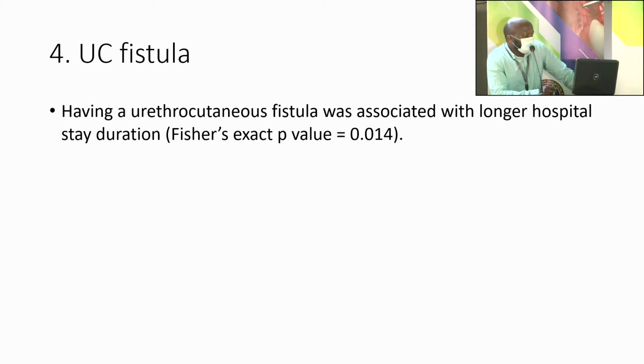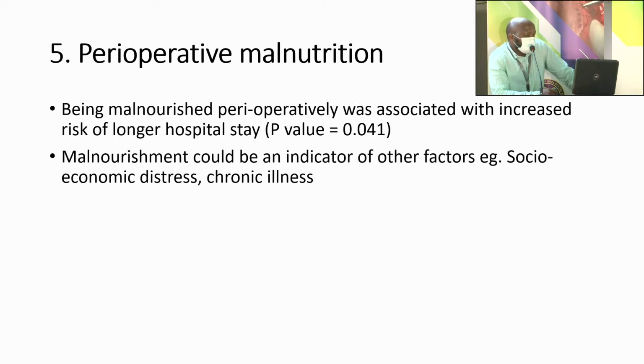Presence of urethrocutaneous fistula was also significant, because this predicts maybe a complicated procedure and probably a more complicated stay. And also perioperative malnutrition had a p-value of 0.041. Possibly malnutrition is an indicator of other factors such as socioeconomic distress, chronic illness.